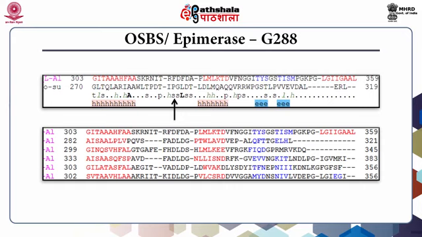Similarly, the replacement of glycine at this position with aspartate in each of the 6 enzymes is responsible for reducing the main OSBS synthase activity and converting the main activity to promiscuous epimerase activity.